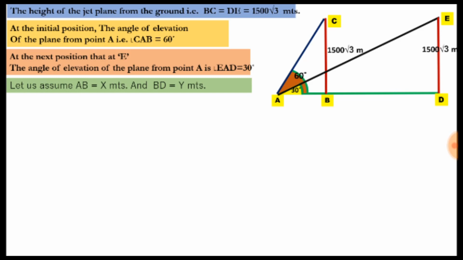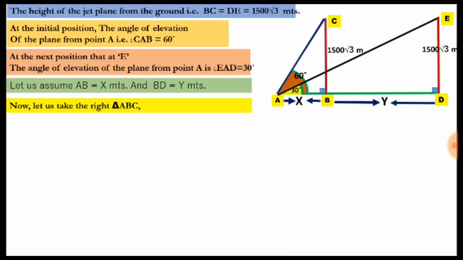Now let us assume the distances AB and BD as x and y meters. Here we got two right triangles, triangle ABC and triangle ADE. Using these two right triangles, we need to calculate the distance traveled by the jet plane in 15 seconds, that is BD or CE.